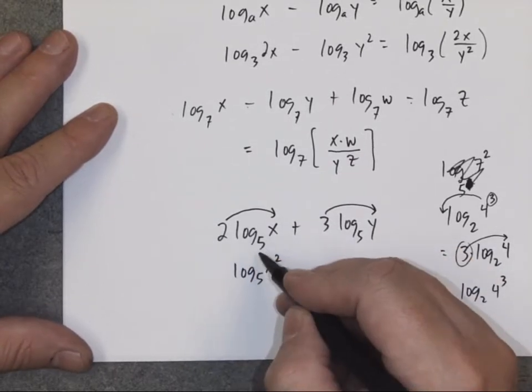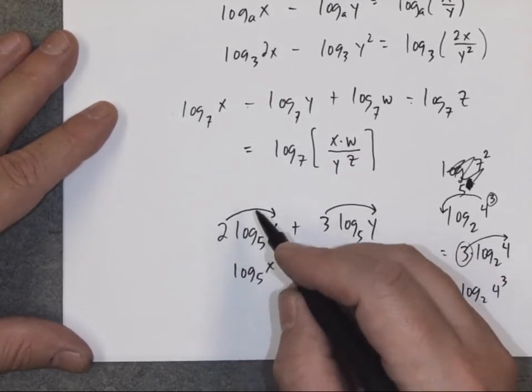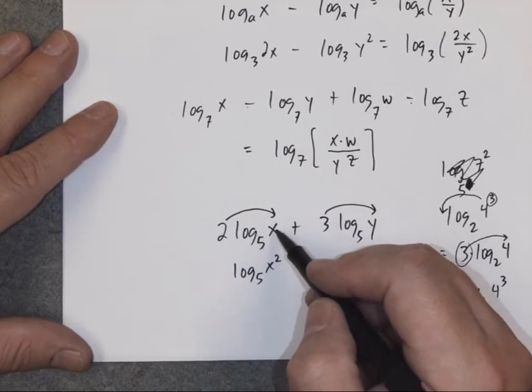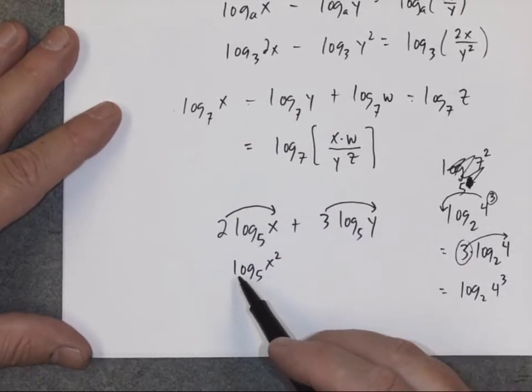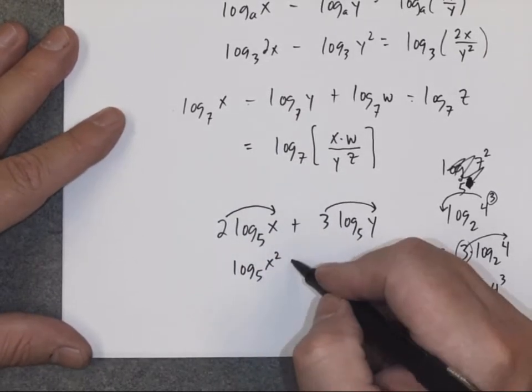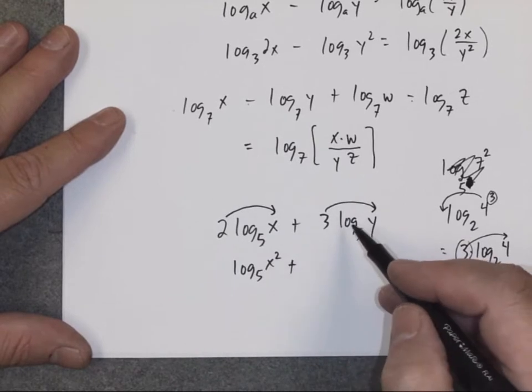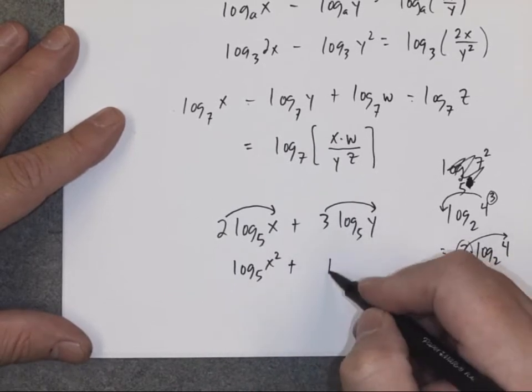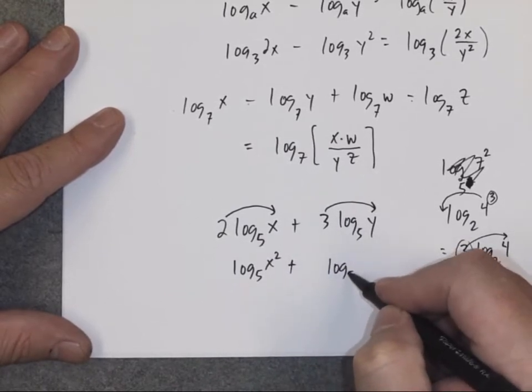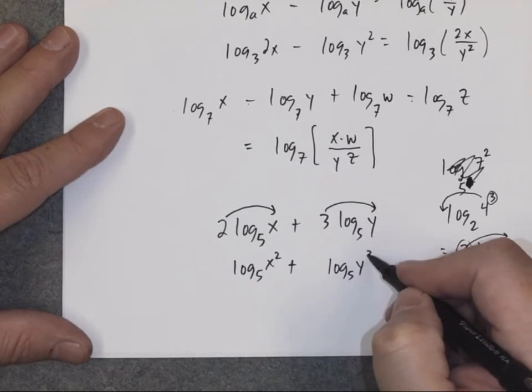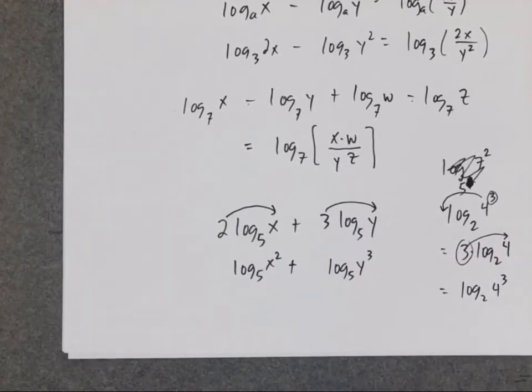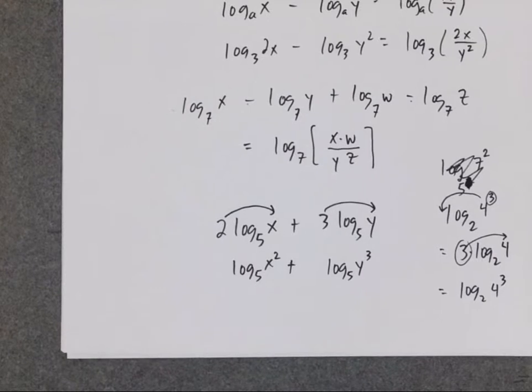So 2 log base 5 of x is the same as log base 5 of x squared. 3 log base 5 of y is the same thing as log base 5 of y cubed.